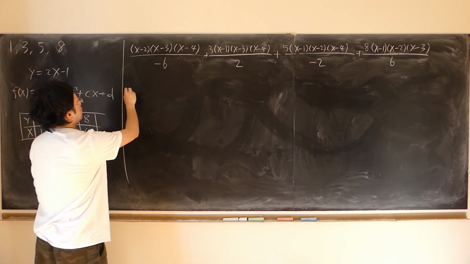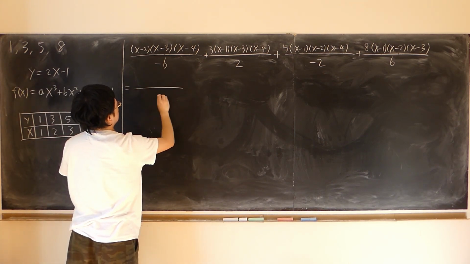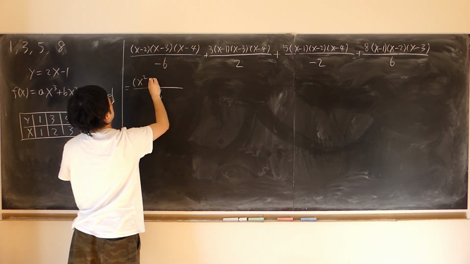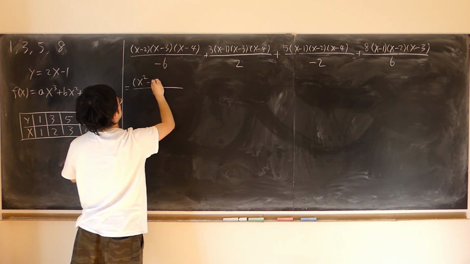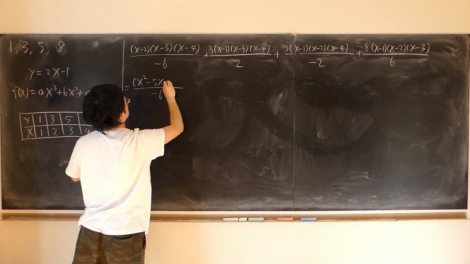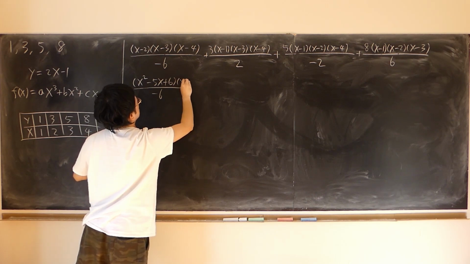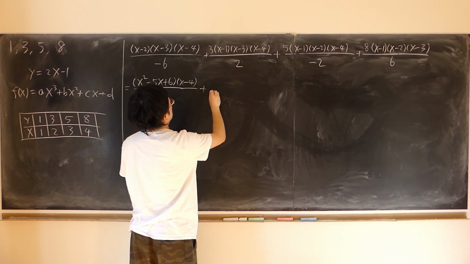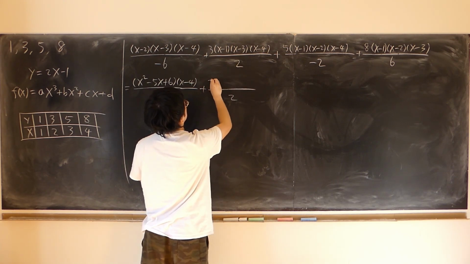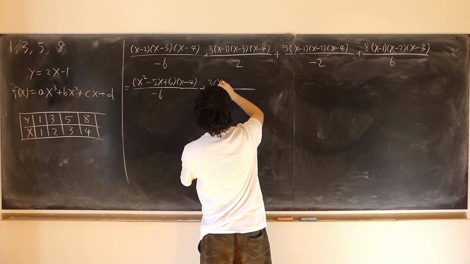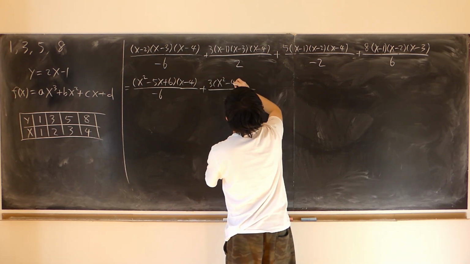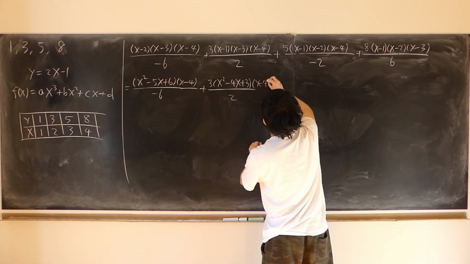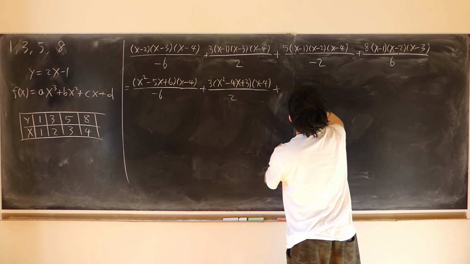And so now we just say, simply expand those two first. X squared minus 5x plus 6 times x minus 4. That's the first term. Second term plus 3 times x squared minus 4x plus 3 times x minus 4. Okay.